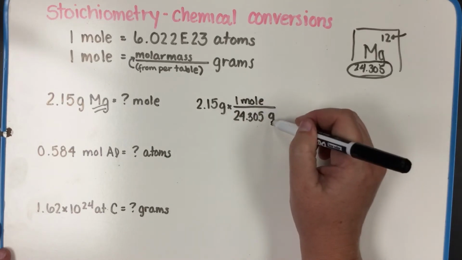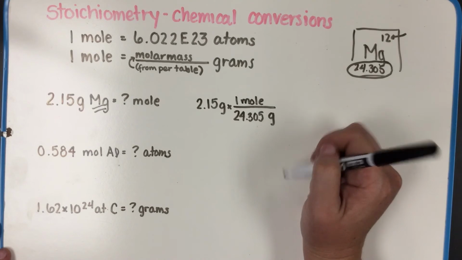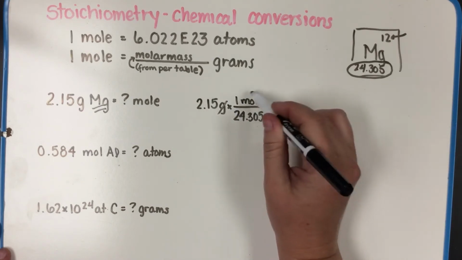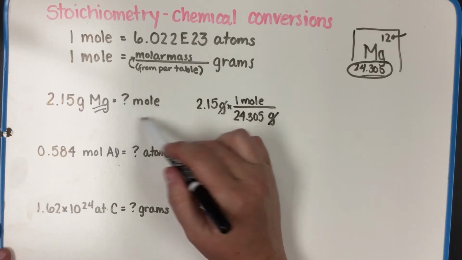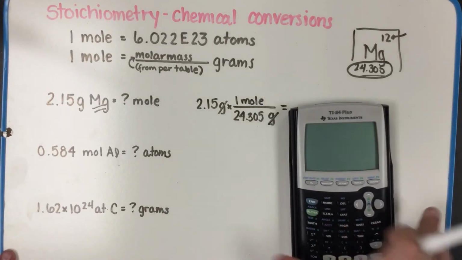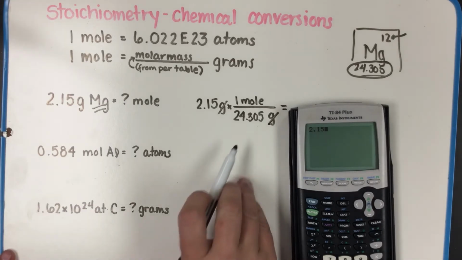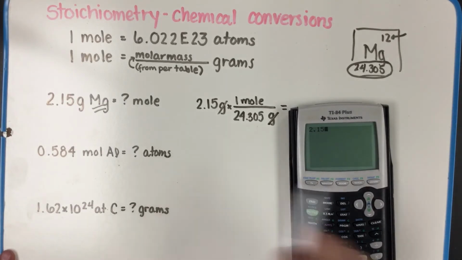Since this equals this, it can go on an equality or one of the conversion factors. Grams cancels grams, we're left with moles, which is exactly what we wanted, so we can finish out our problem. Just like before, we take our given number, 2.15, and since the number we're looking at here is on the bottom, we would divide.